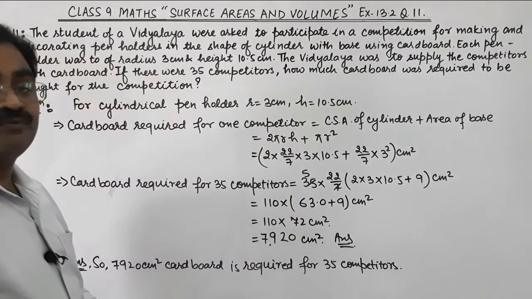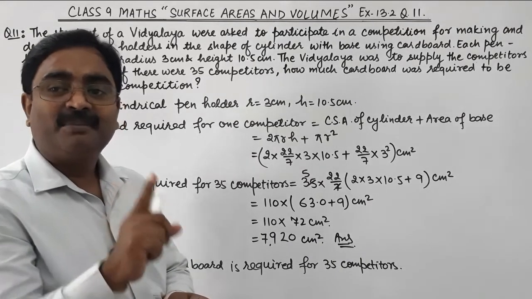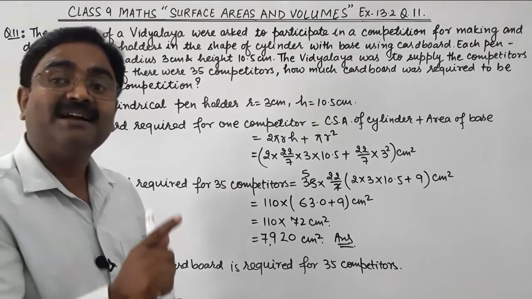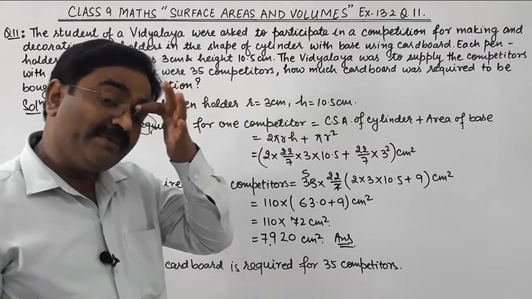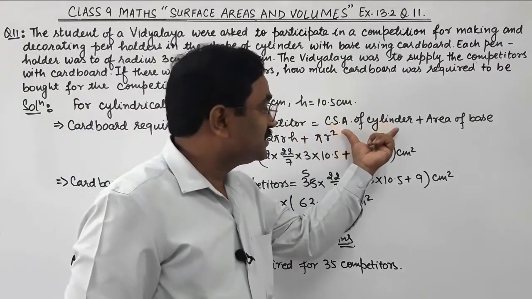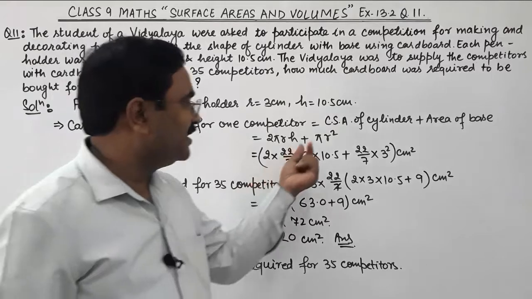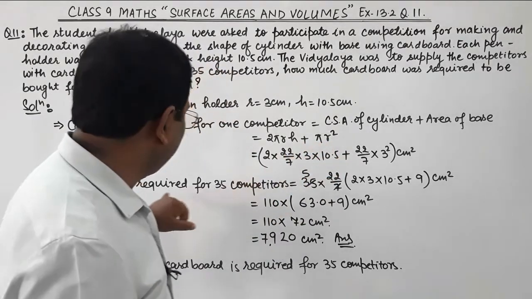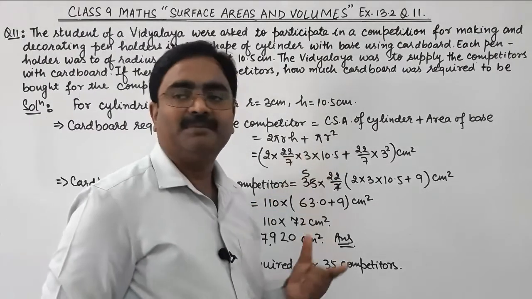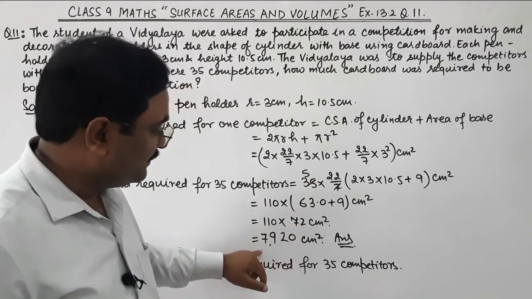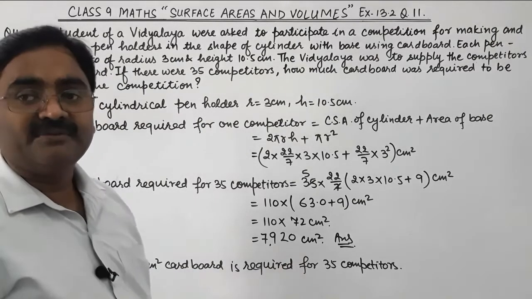Right friends, so what we have done in this: first we found the area for one pen holder, that is, the cardboard required for one pen holder. For one pen holder, we needed to find the curved surface area of the cylinder plus the area of base. The curved surface area of the cylinder is 2 pi r h and the area of base is pi r square. We simplified, and after that we needed to find the cardboard required for 35 competitors. We multiplied by 35 and simplified, and we got 7920 centimeter square as the area of the cardboard required for 35 competitors.